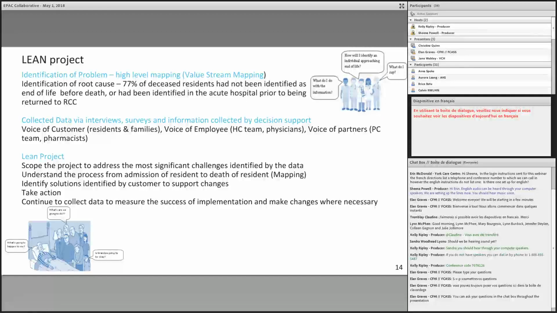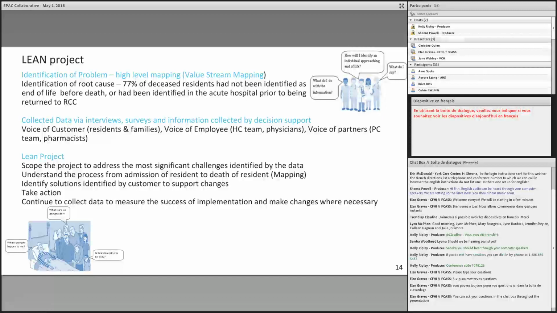So what we actually did, we went to clients, we went to residents, we went to families, we then went to the staff who were working on the ground, and we actually used Lean to do a high-level value stream mapping, to figure out where the gaps were, what we were currently doing, what people wanted, and what we actually needed to do to fill that gap.